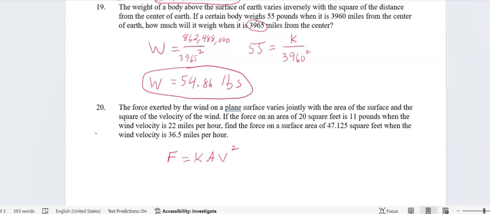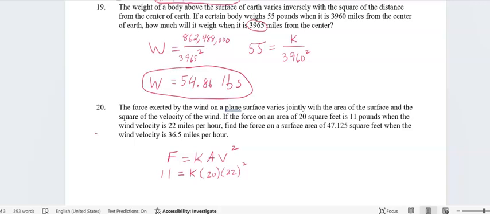And so once again, let's see what we're told to help us find out what this important constant of variation, K, is. All right, if the force on an area of 20 square feet is 11 pounds, so force is 11 when area is 20, and when the wind velocity is 22 miles per hour, so V is 22, and then we have to remember to square it.